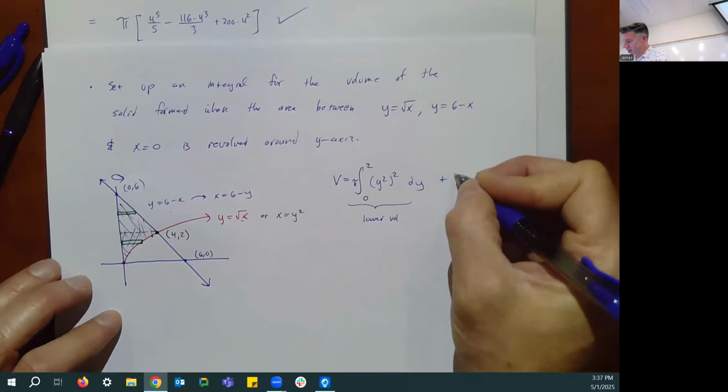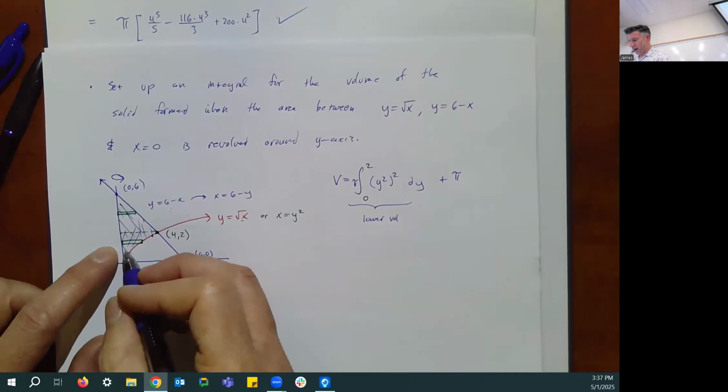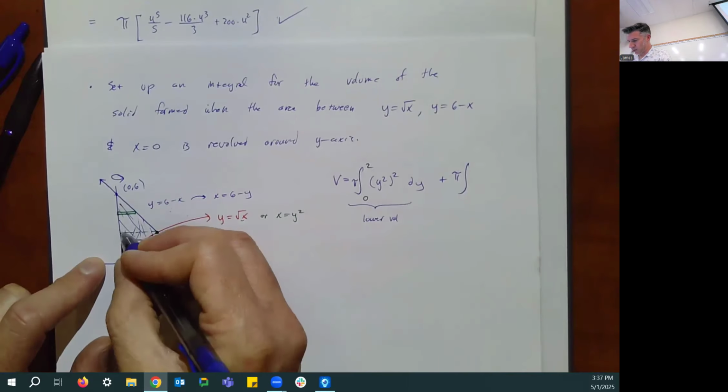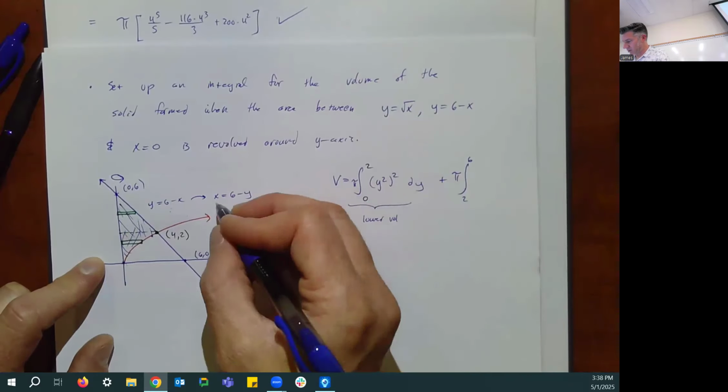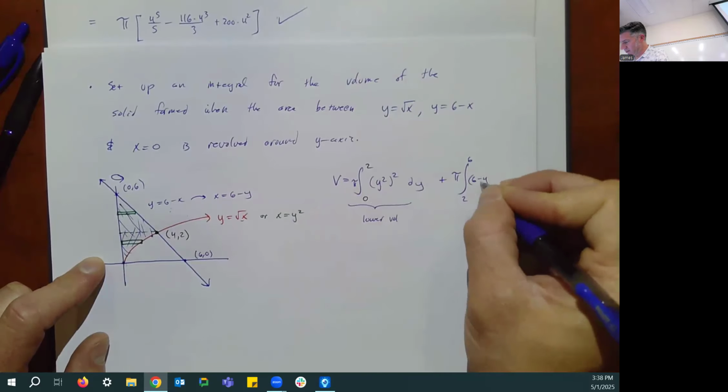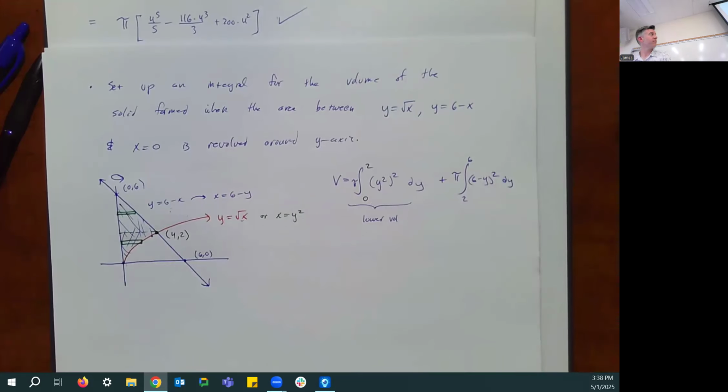Plus my higher volume is going to be pi times the integral from 2 to 6 of, now my radius is the function x equals 6 minus y, squared, dy. How do I know it's in terms of y? Because my strips are horizontal. Whatever way your strip is oriented, its thickness, the change in y, or if it's a vertical strip, the change in x, that's telling us what variable we're using.